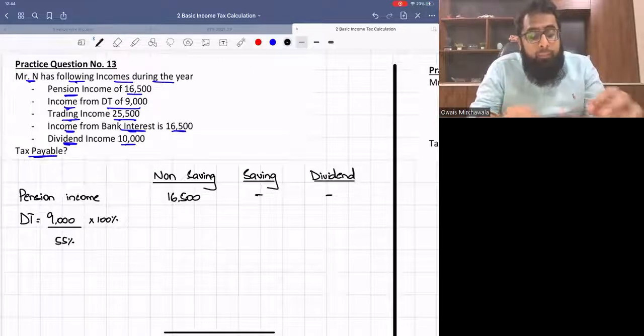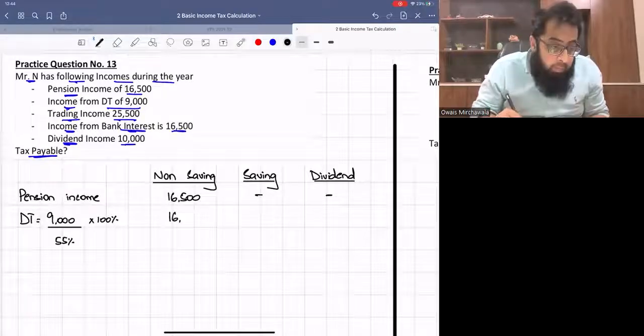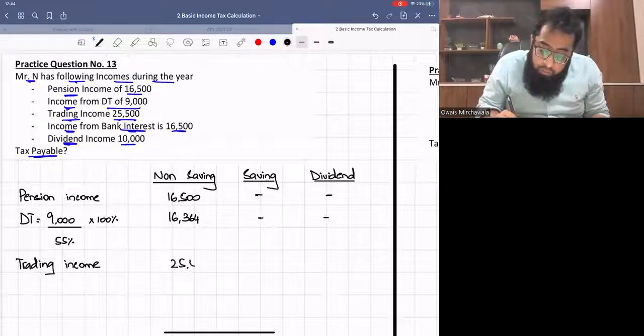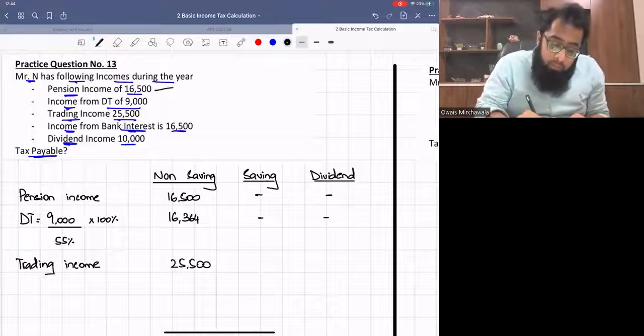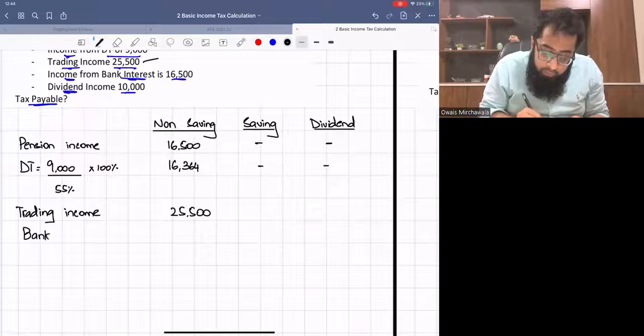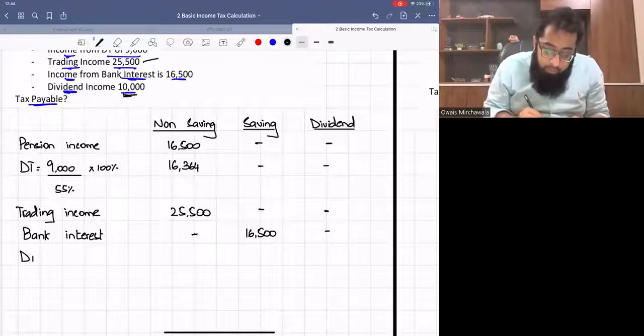This gives me 16,364. Then we have trading income, straight away non-saving income, 25,500. Then we have bank interest, which will go in the head of saving income, and then we have dividend income, 10,000.